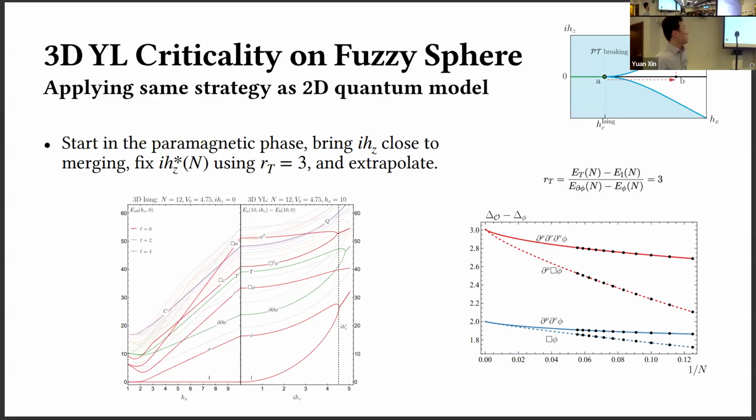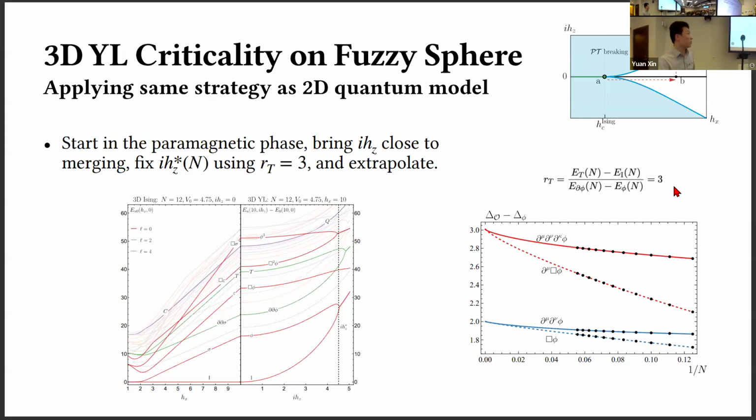And then we hit a point where the scaling dimension of the stress tensor is measured closest to 3, the space-time dimension. We take that as our prediction, and then we extrapolate these scaling dimensions to the thermodynamic limit.